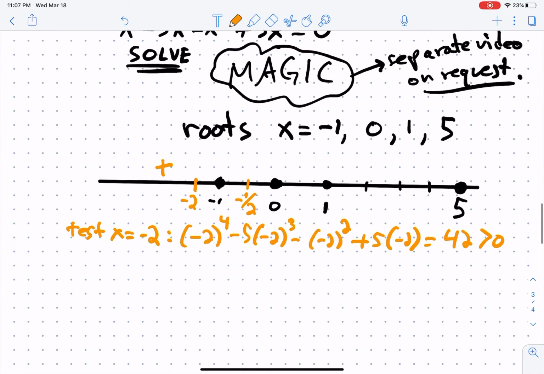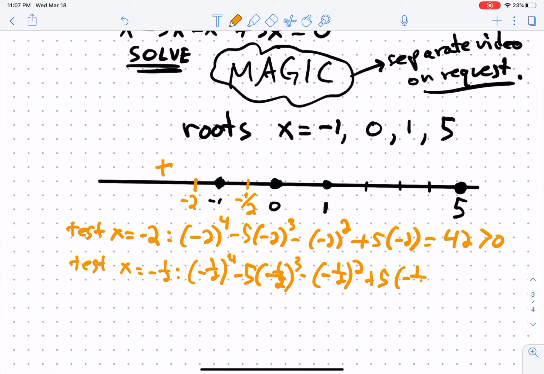And so, if we test x equals -1/2 by plugging it in, -1/2 to the 4th minus 5 times -1/2 cubed minus -1/2 squared plus 5 times -1/2. This one is tricky, but it's not so bad with technology.